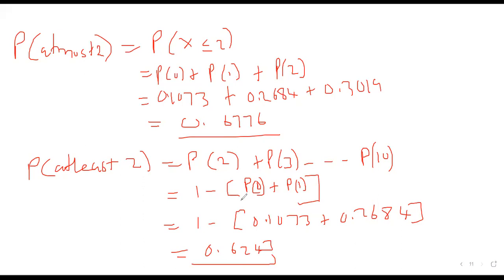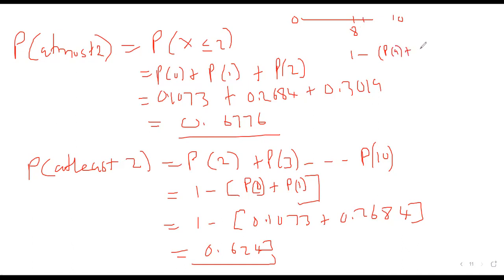Now you also need to understand that what determines when to subtract is the gravity of the work involved. Since we have probabilities for our sample size from 0 up to 10, when they tell us at most 8, it means 0, 1, 2, 3, up to 8. It will take you the whole day to calculate all those. So the easiest way is 1 minus the unwanted part, which starts from 9 and 10.